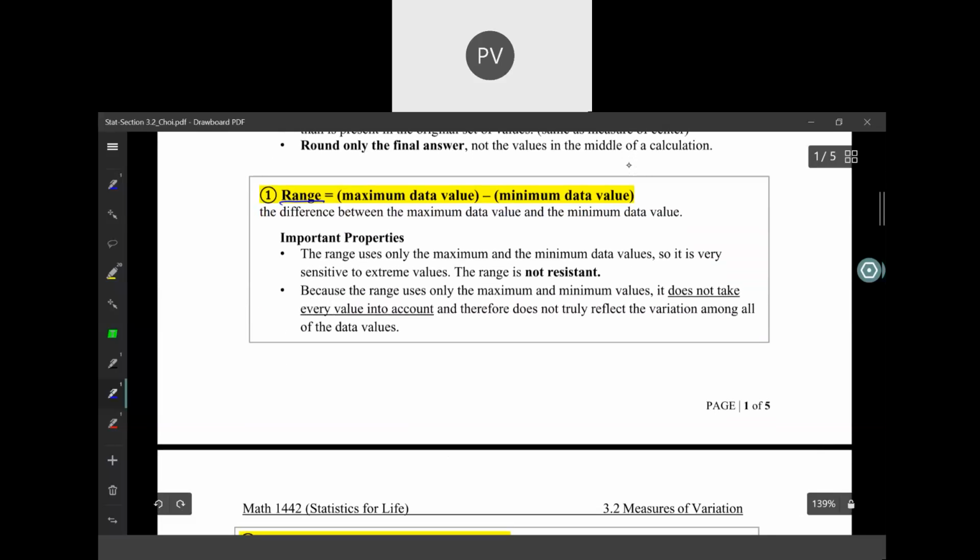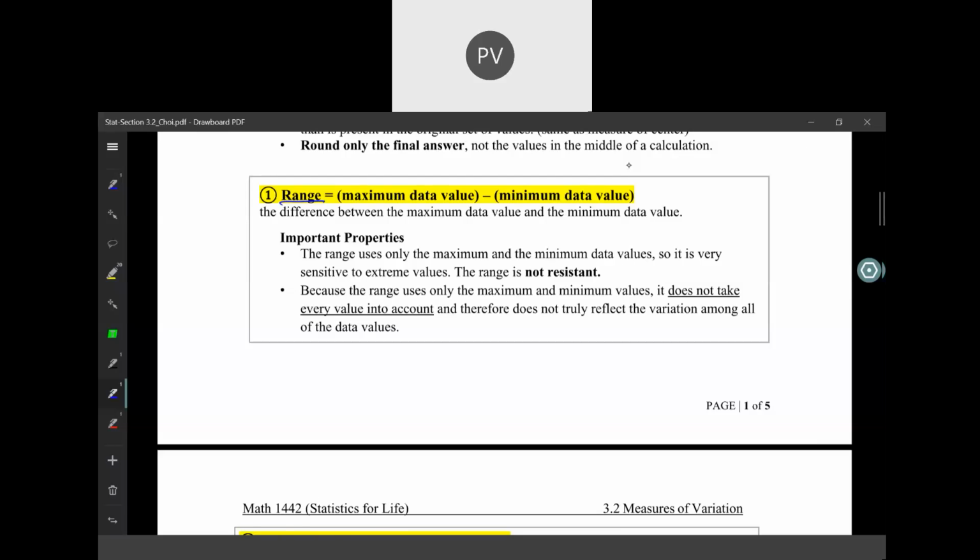Now, range. So I think we also learnt about this in chapter 2. Range is nothing but the maximum data value minus the minimum data value. You have to subtract the smallest data value from the largest data value, and that will give you the range.